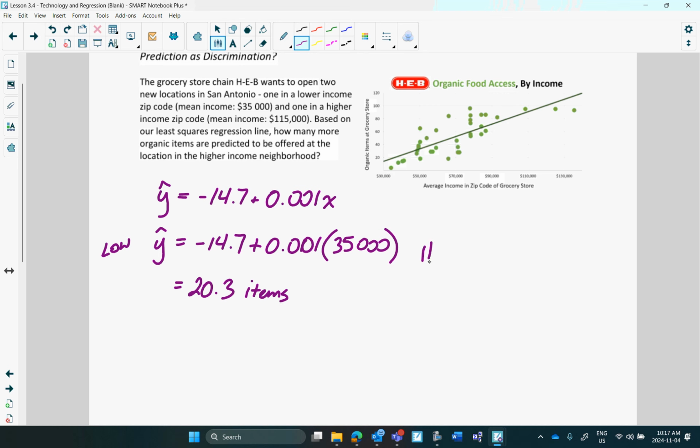For the high income area, the predicted number of organic items is going to be negative 14.7 plus 0.001 times the mean income in that area, which is 115,000. And that's going to give us 100.3 items.